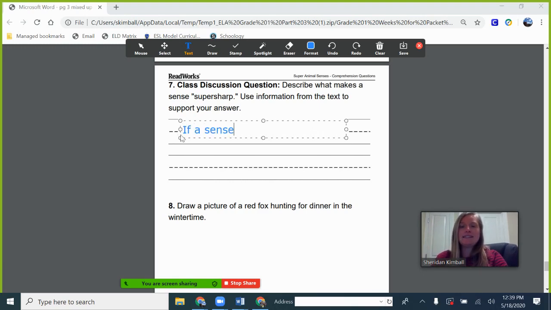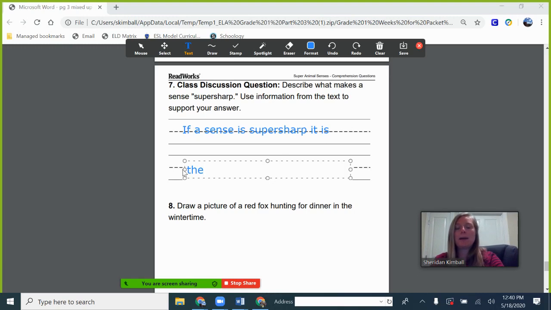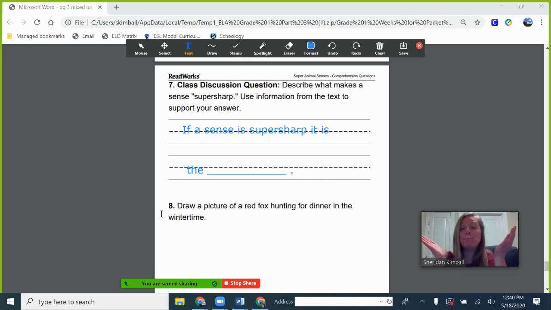If a sentence is super sharp, it is the... Is it the best or is it not the best?